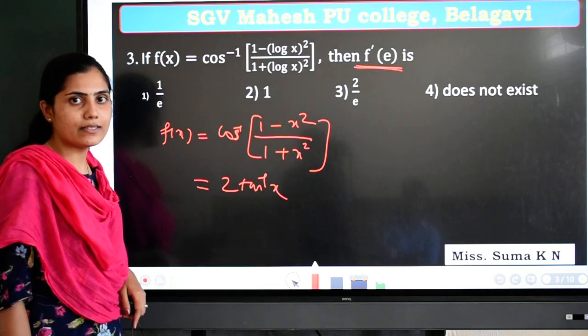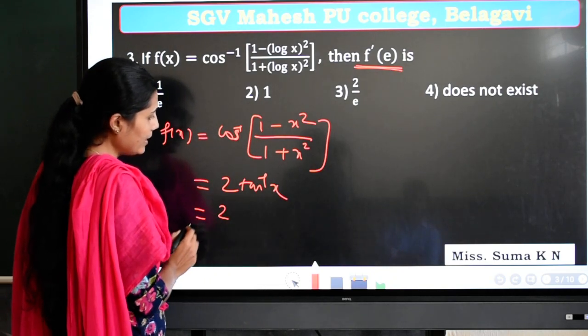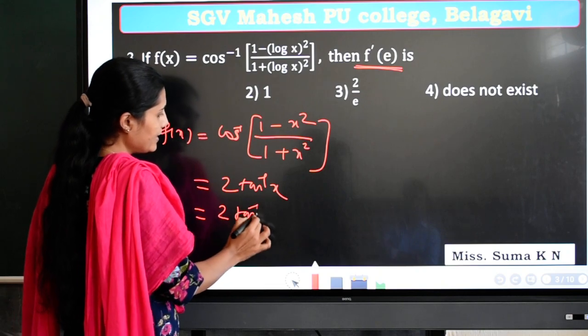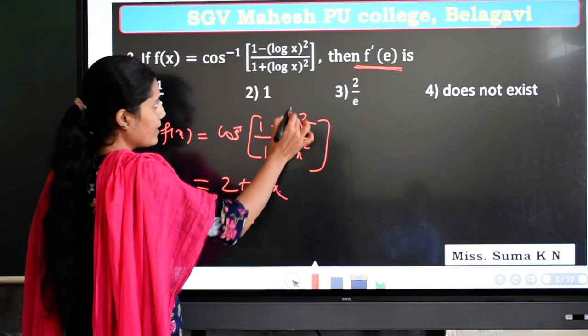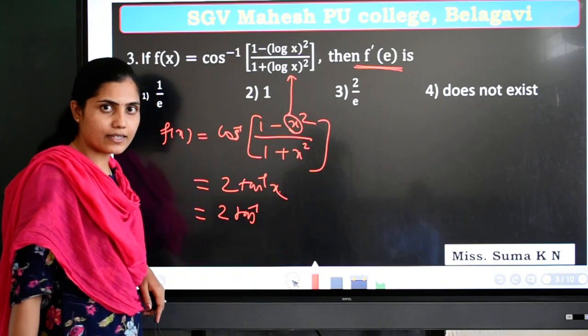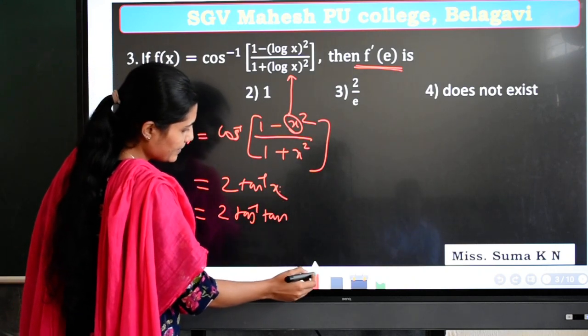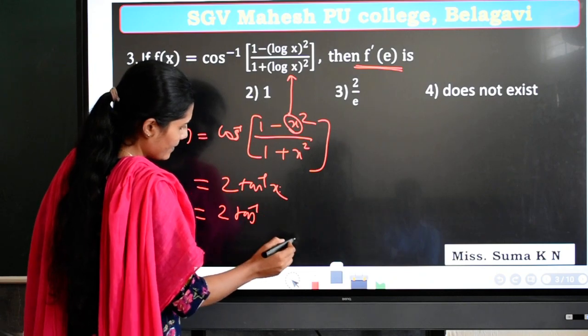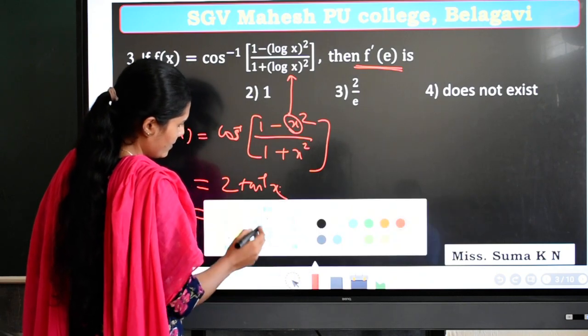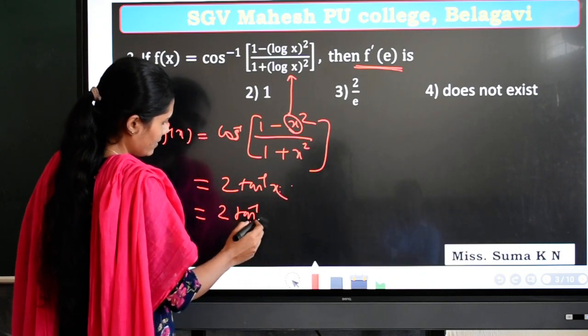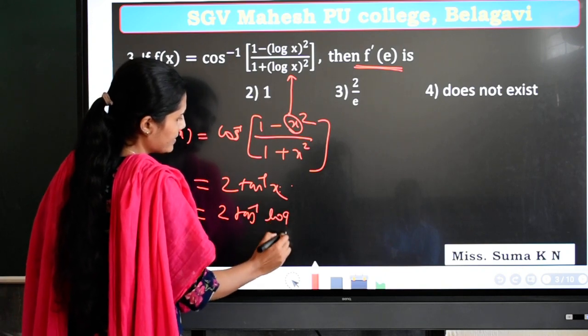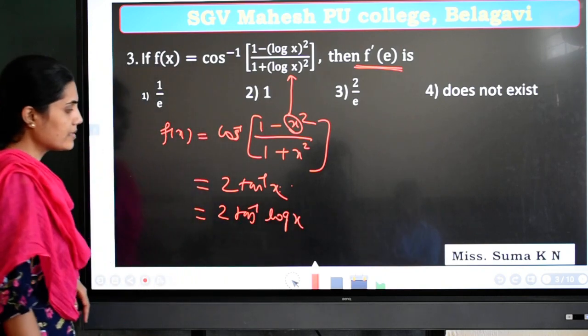Now using that formula, 2 tan inverse, in the place of this x they have taken log x, so just substitute log x here. Okay, 2 tan inverse log x you got.